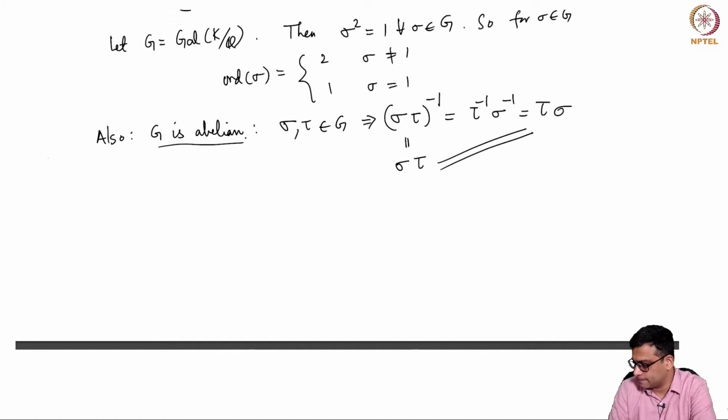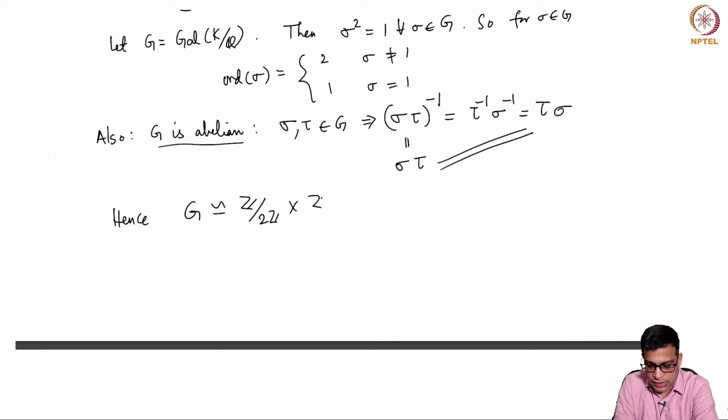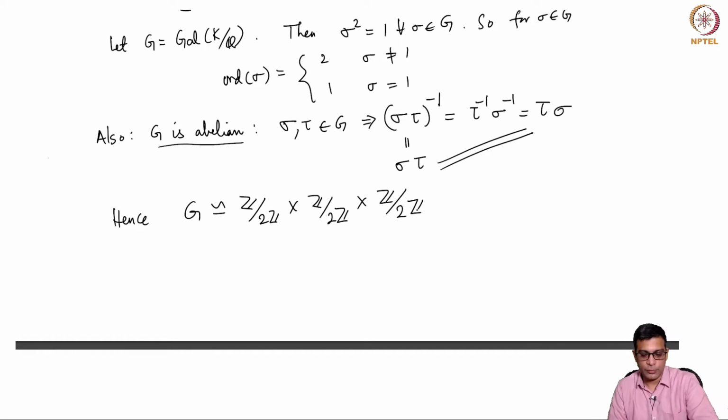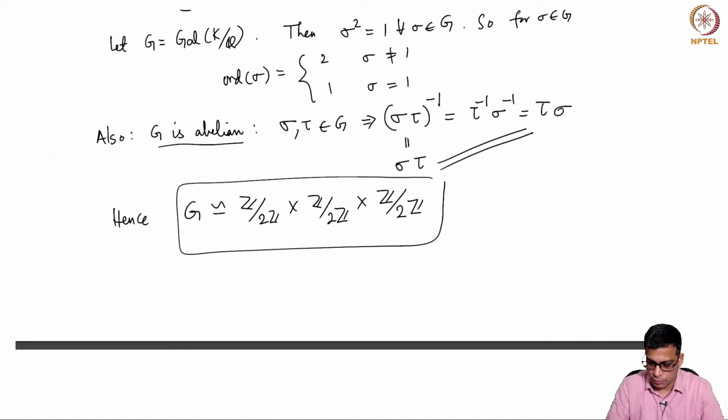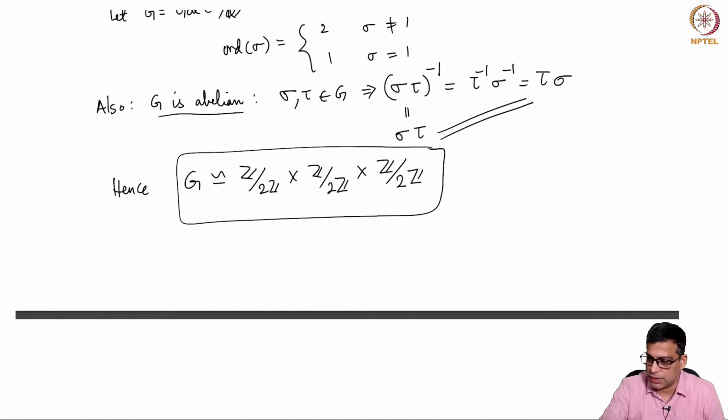So hence, this is a group theory fact: any abelian group which has this property must be isomorphic to Z mod 2Z cross Z mod 2Z cross Z mod 2Z.